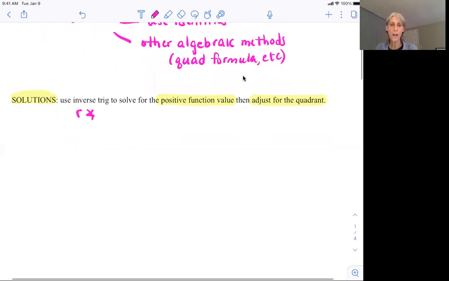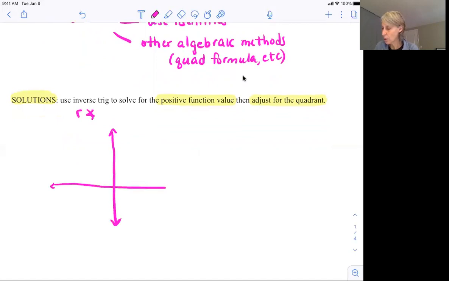Once we have our reference angle, then we have to think about what quadrants our solutions will be in. And to narrow down our solutions, we go back to our old standard, our quadrants where our function values are positive.